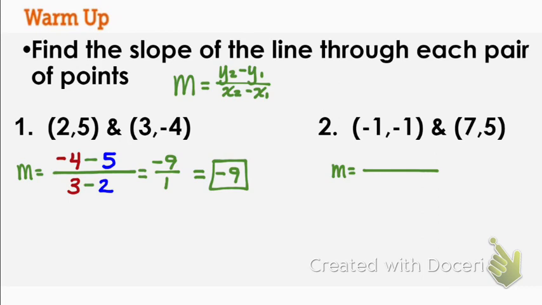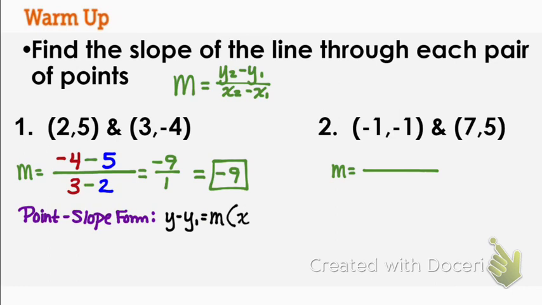Go look in the 90s in your book, high 90s, like 95, 96, 97. Look around in there. Point slope form, yes. This is the one that was y minus y1 equals m, and then we had parentheses x minus x1.